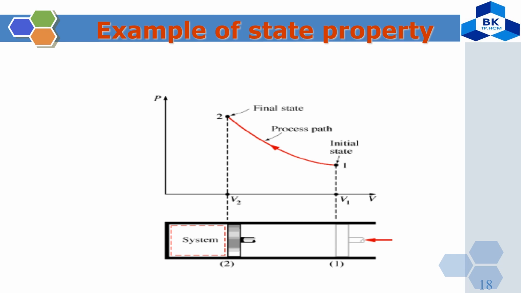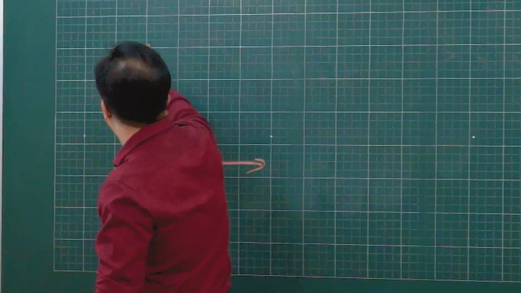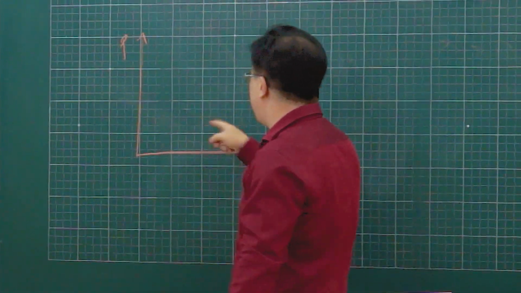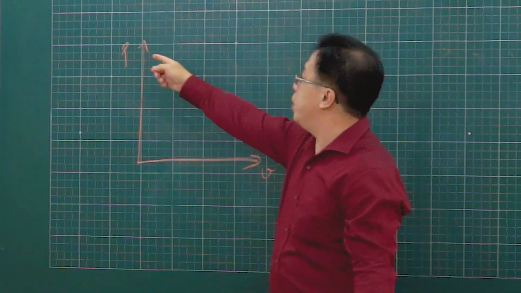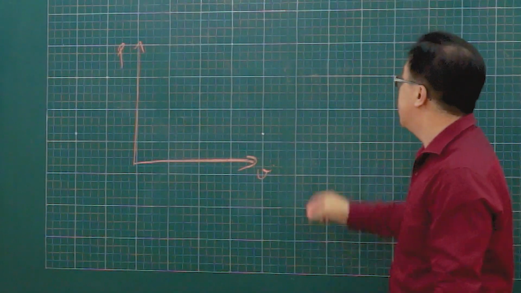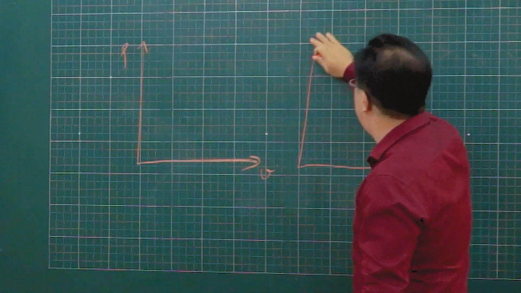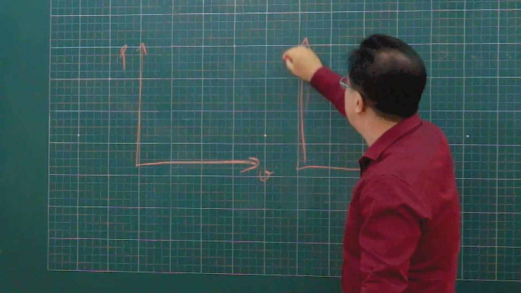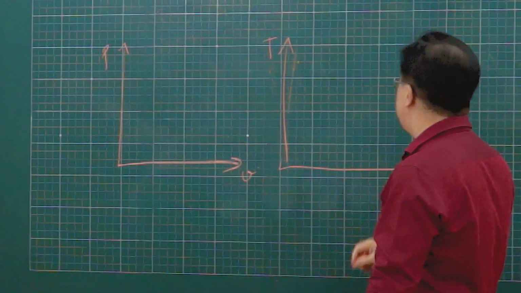And normally in thermodynamics, we got different diagrams. Okay, for example, the PV diagram. So in this case, we use two independent properties, P and V. Another example that we also usually use is a TS diagram.